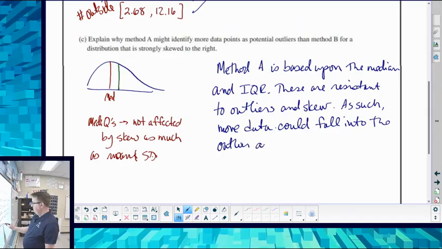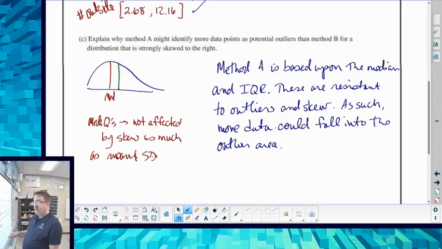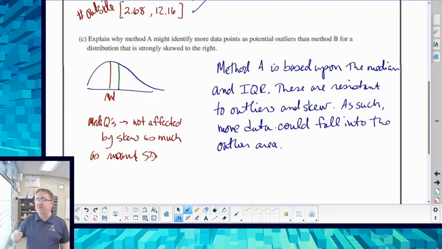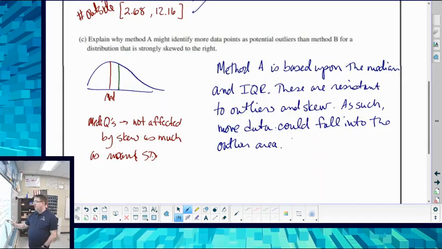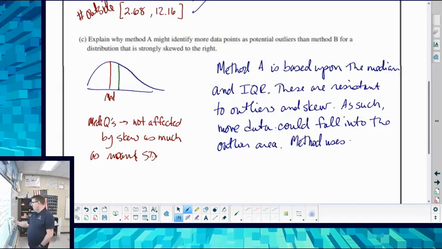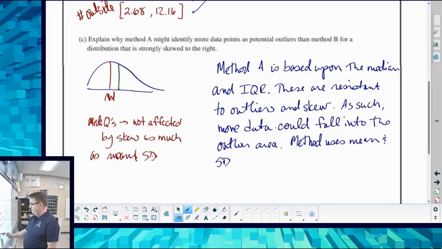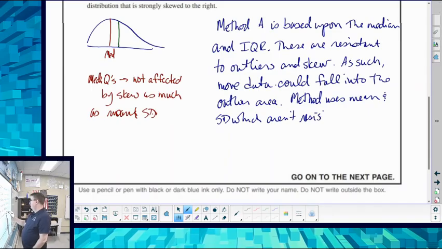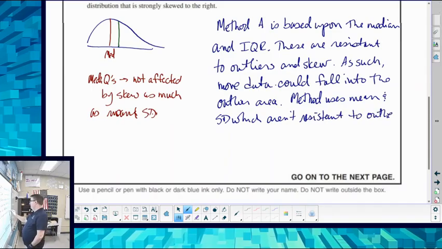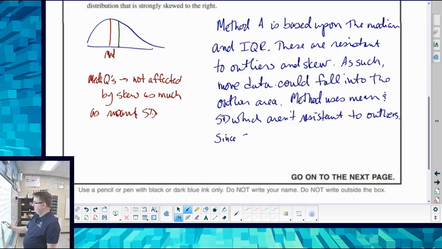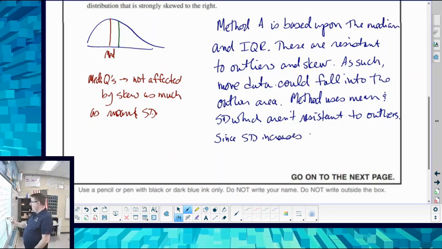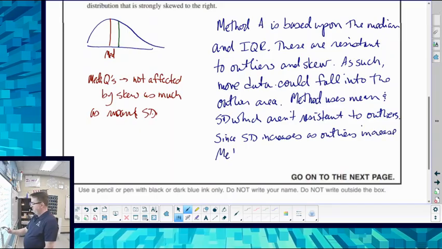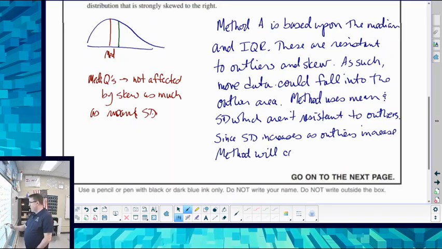Now, you do have to counterpoint this, because while that's true, you have to explain why the other one doesn't work. So method B uses mean and standard deviation, which aren't resistant to outliers. Since standard deviation increases as the outliers increase, method B will capture more data and give you fewer outliers.